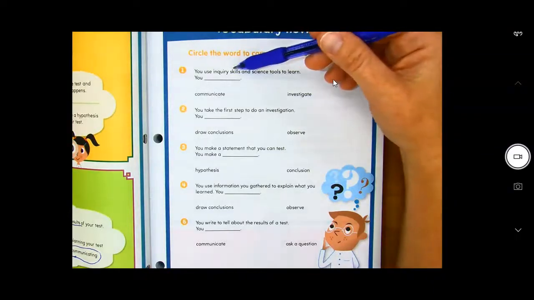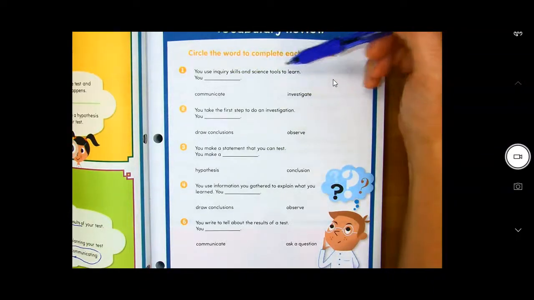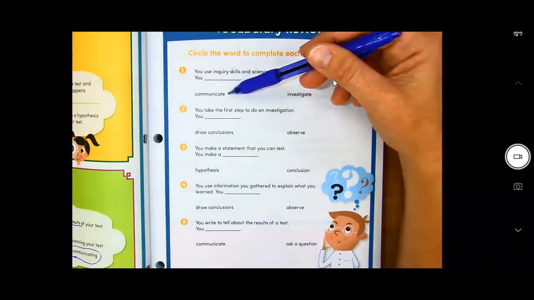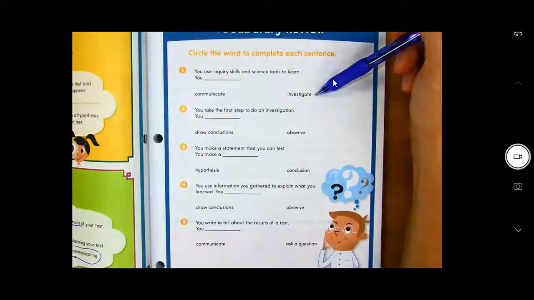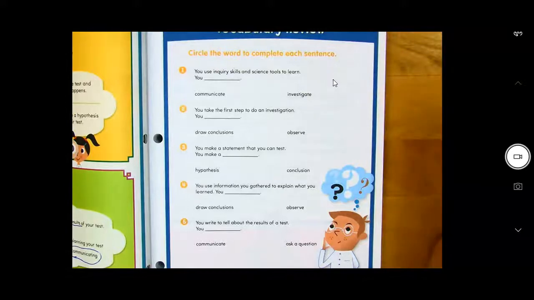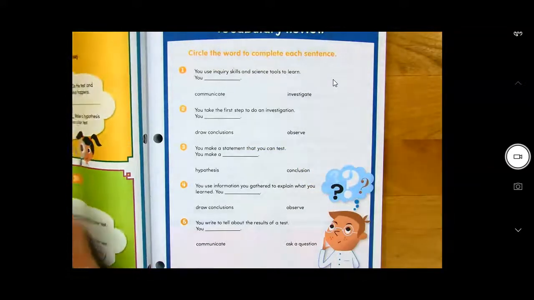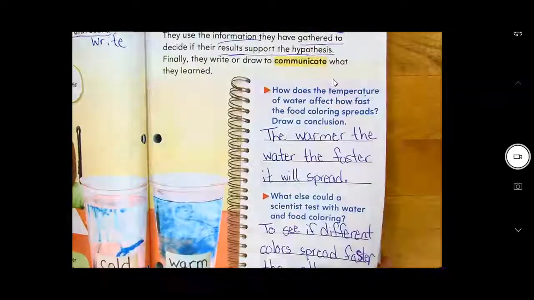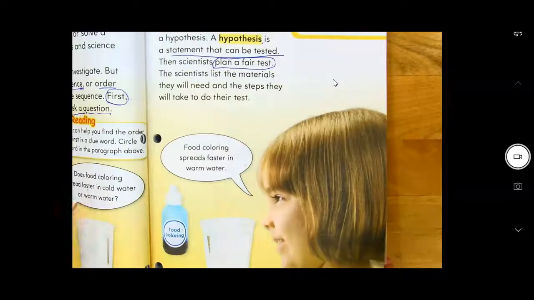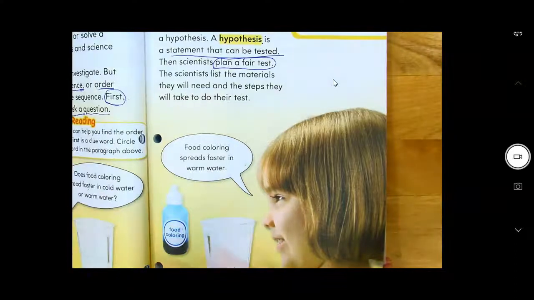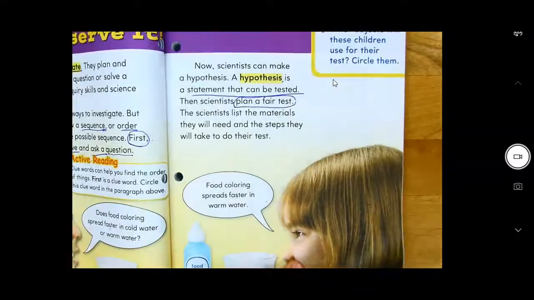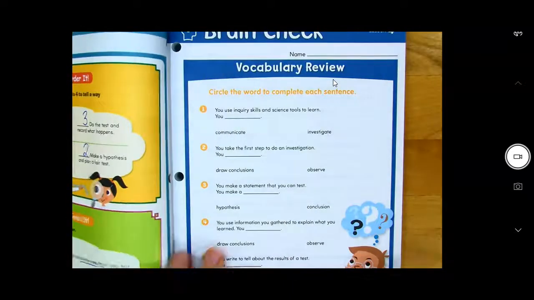So when you use inquiry skills and science tools to learn, you communicate or you investigate. Which one are you doing? If you forget what these words are, go back and look for those words, okay? And figure out what it means.